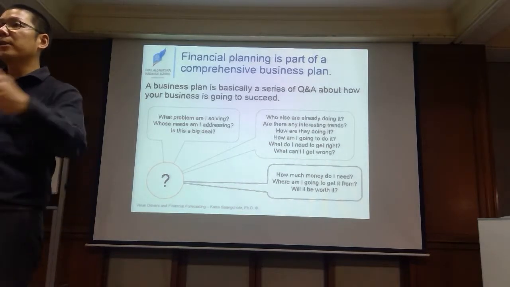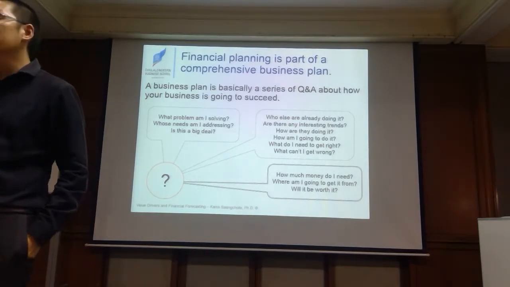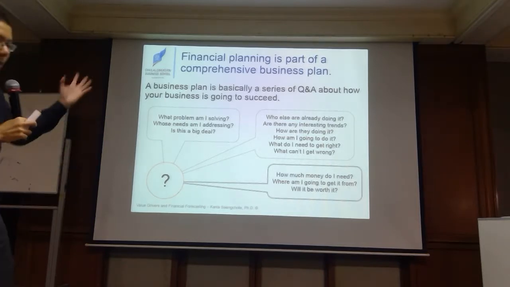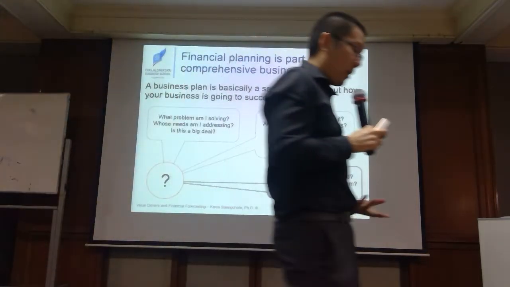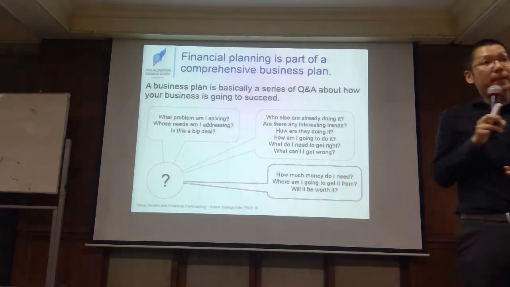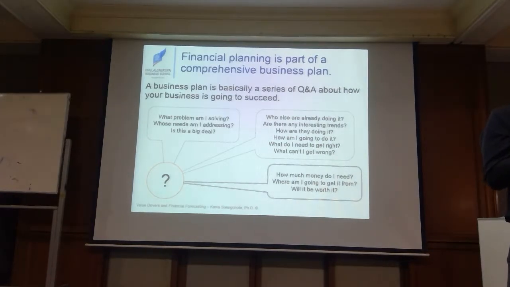And this involves a collection of assumptions, plans, and so on. So these are typical questions you want to be asking. I'm not going to repeat that because I think you've seen that enough times throughout this class. But the financial plan is the financial part, the numbers part of your business plan. In short, we are interested in turning all the stories you're promising to your investors into measurable numbers that convince them that yes, this will be worthwhile.